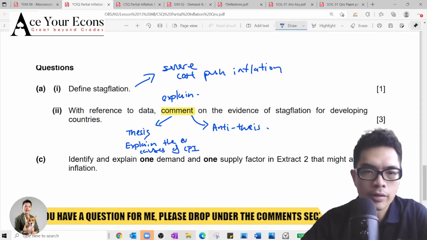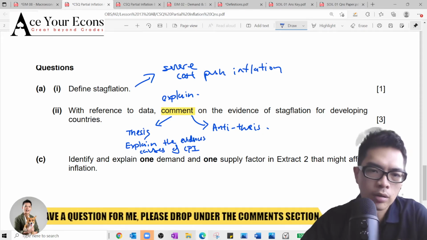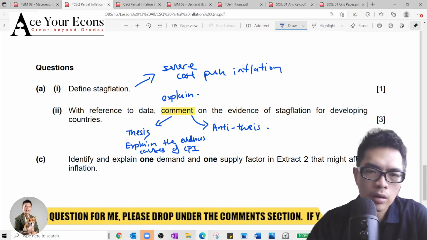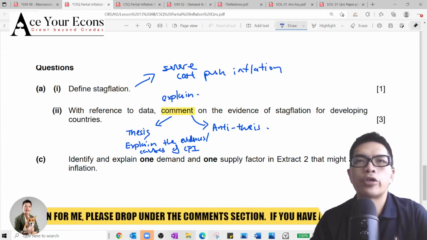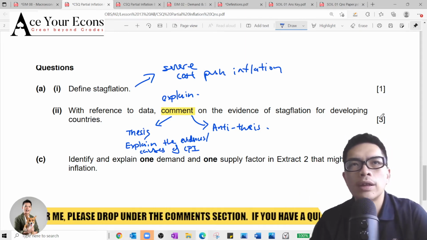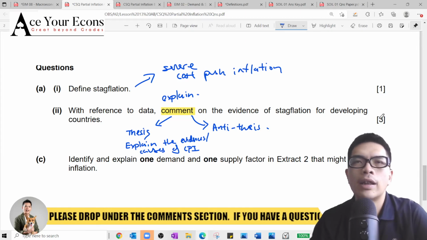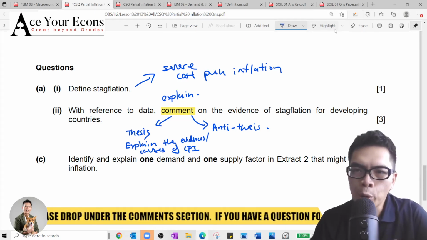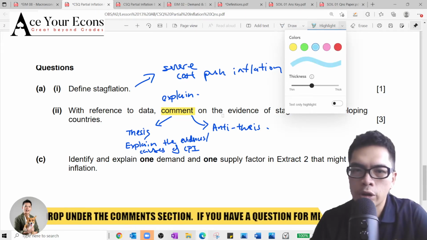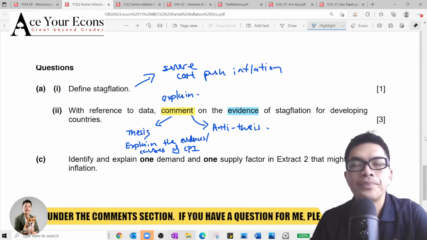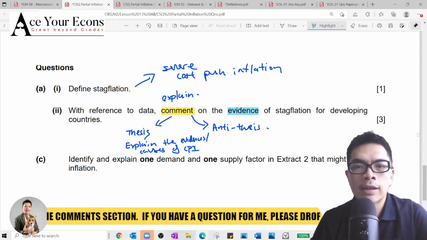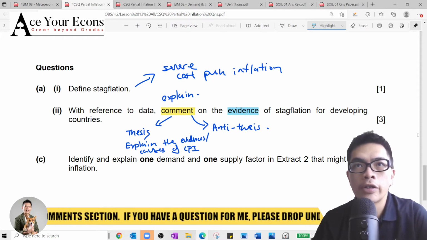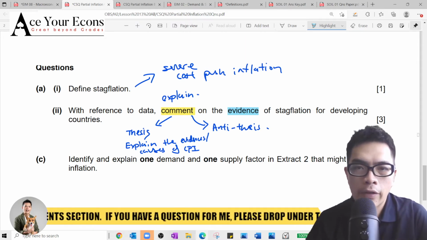Explain the evidence, to be more specific. Now, the antithesis here is kind of tricky. Most of the students are not able to form the antithesis. So we have to look at the secondary command word here, which is evidence. So if you were to string this up, the antithesis will suggest that there is insufficient evidence.